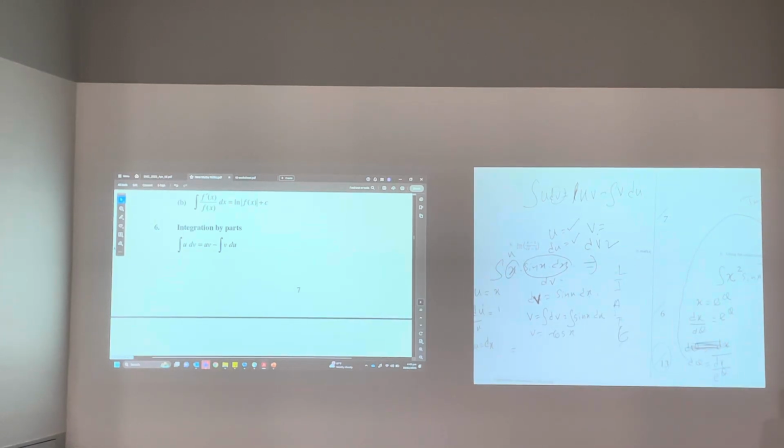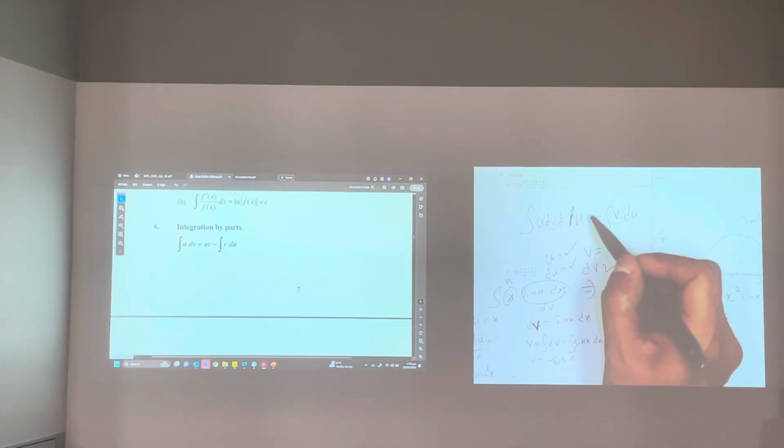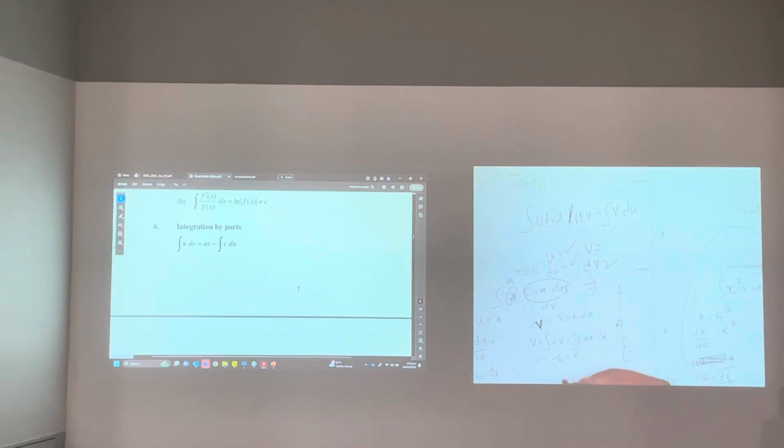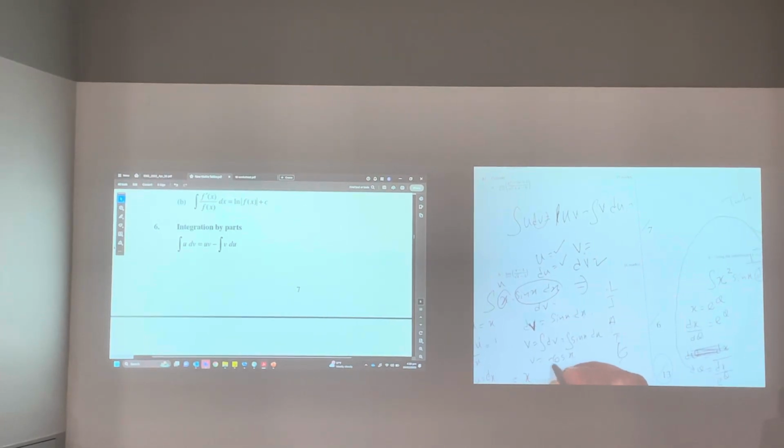Then after that, plug back into the equation. So u is x. Your v is minus cosine x.